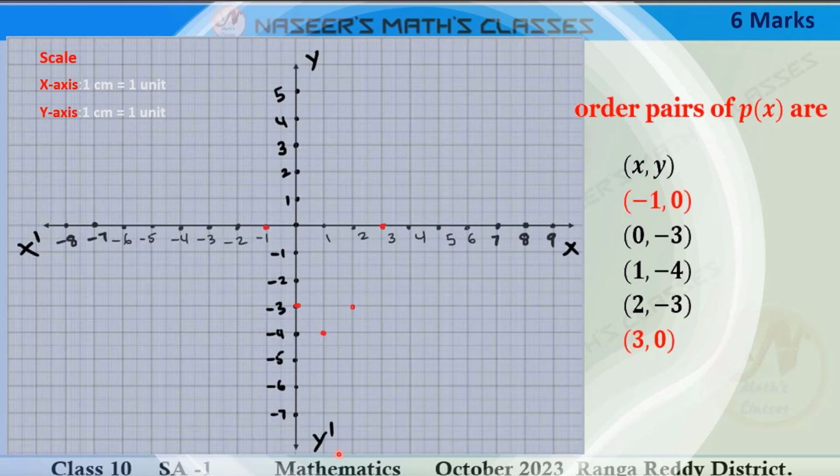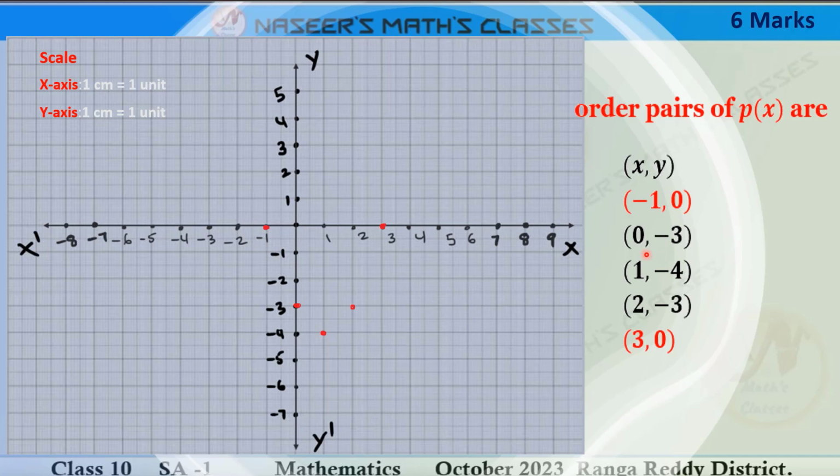Now we are going to plot these ordered pairs on the graph by taking on the x-axis 1 centimeter is equal to 1 unit and on the y-axis 1 centimeter is equal to 1 unit. So here x value is minus 1 and y value is 0, then we take the point here. Next, ordered pair 0 comma minus 3.